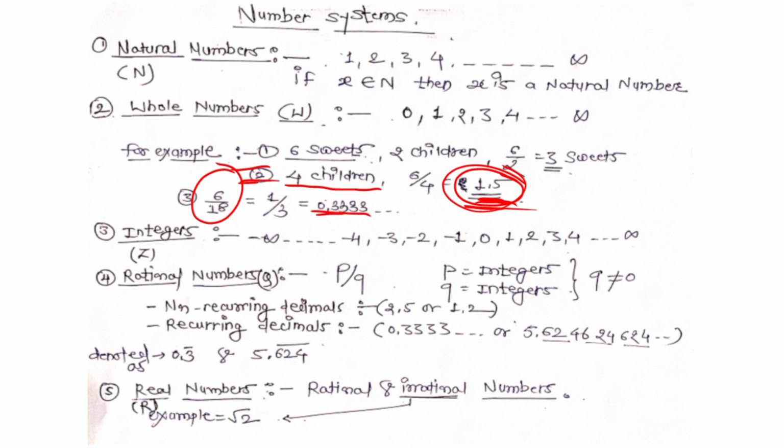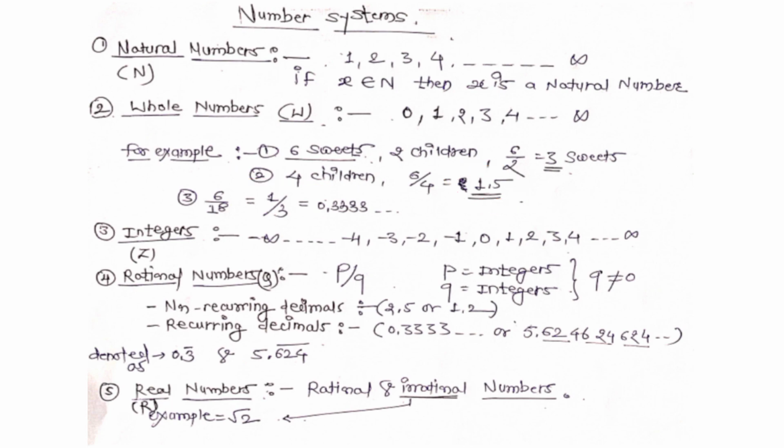Then each child will get 0.333333. This number is not finishing; after the decimal point the number is not finite. So this does not come under the natural numbers and whole numbers.